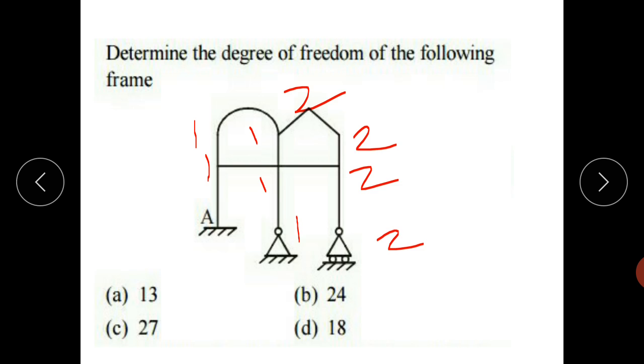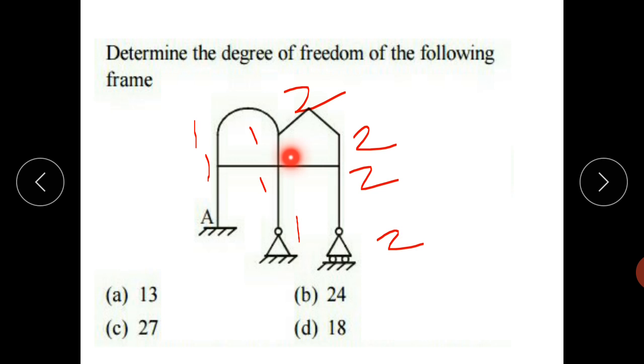Here 2 degrees of freedom, that is displacement in x direction, and rotation, delta x common for all. If we are counting it as 1 degree of freedom over here, so 2 degrees of freedom. Similarly, delta x for this joint, this joint and this joint are the same, so we count it once. At the roller degree of freedom is 2, at the hinge roller degree of freedom 2.